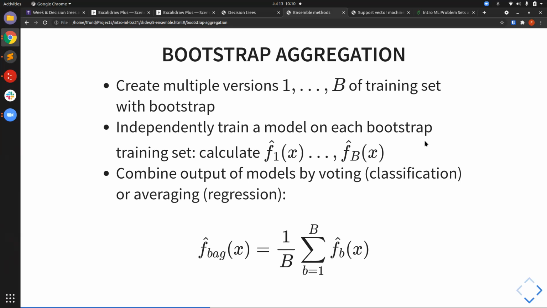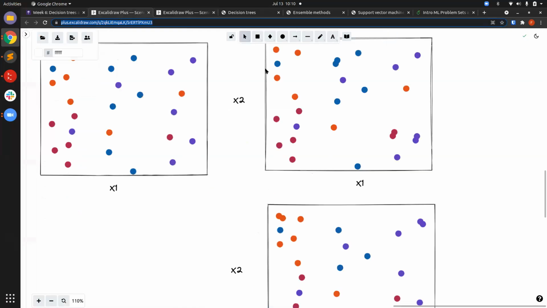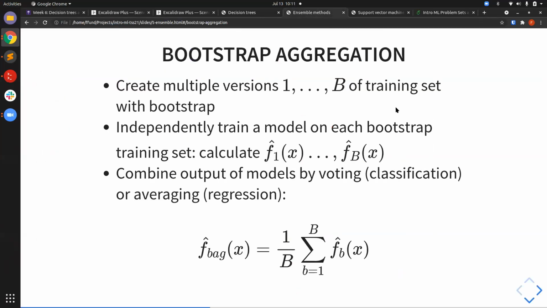Now, there is one problem with this. So this works well to reduce variance, right? So I'm going to train many decision trees, let them grow as deep as they want. Each one individually will have high variance, but their average will have lower variance. The problem is that even though I want the trees to be kind of different from one another, they end up being more similar than I want.